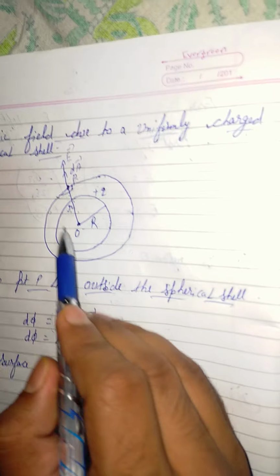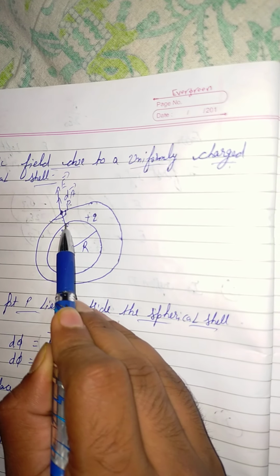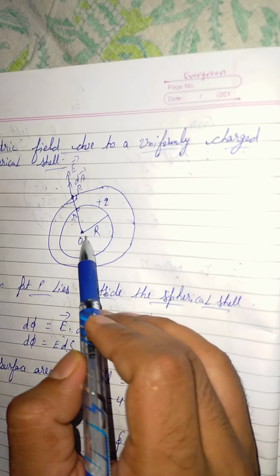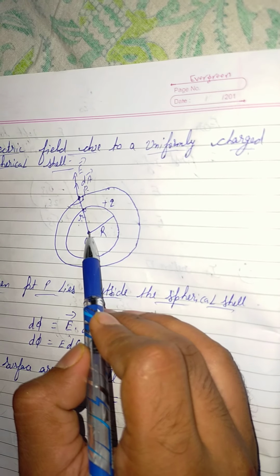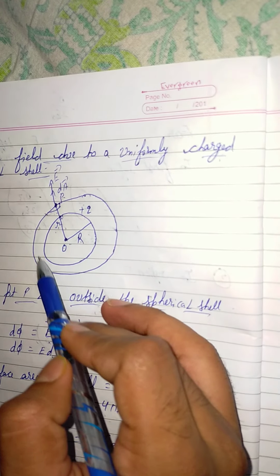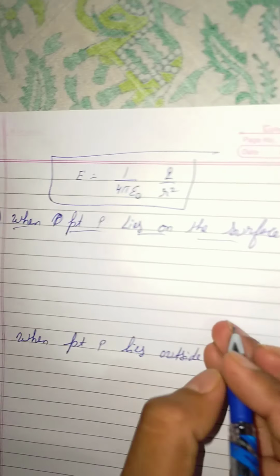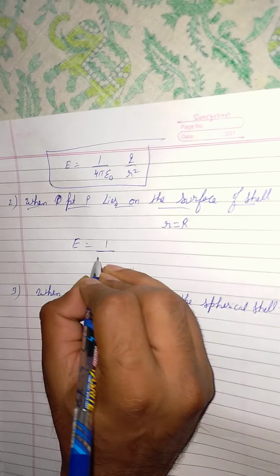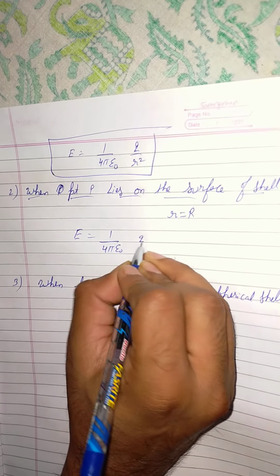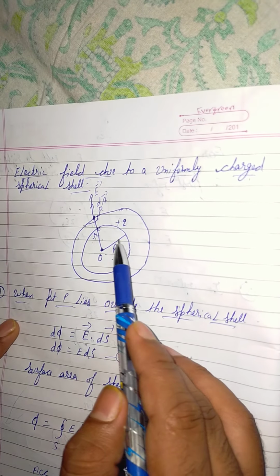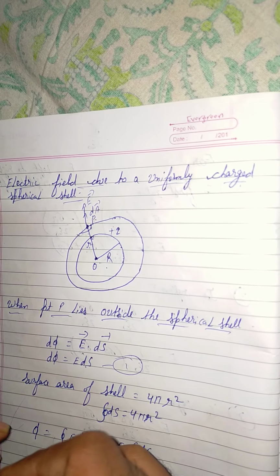When point P is on the surface, the distance from O to P is capital R. All the derivation and explanation is the same, the only difference is that r equals capital R, and the electric field equals Q over R square. The only difference is this R value: when the point P is on the surface, small r equals capital R.